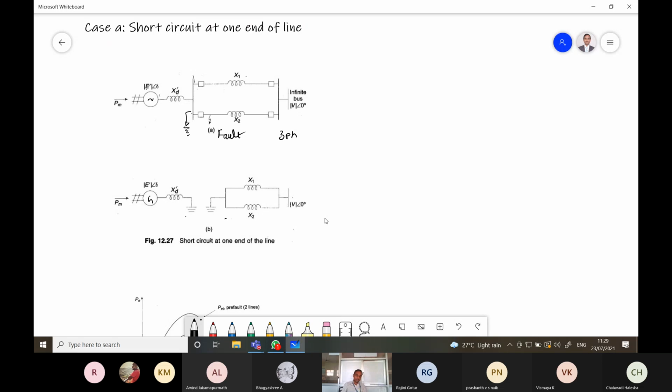Short circuit at one of the lines. Because of this, you can write P1 is equal to E dash V divided by XD dash plus, same thing, these are connected in series. This is a parallel combination of X1 and X2.